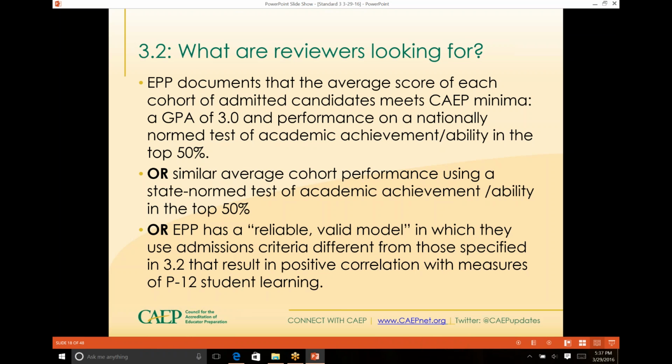And I'm not sure how many of us at this point could be far enough along in a study of our admissions criteria to be able to link that to the standard 4 data on completer, in-service teacher performance, and student achievement. So that would be something that you'd have to plan for long term.